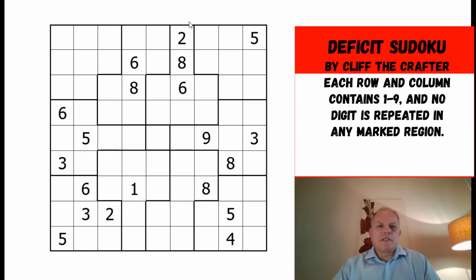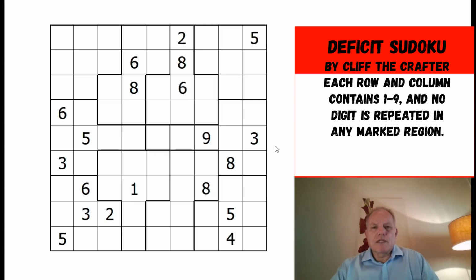What is helpful to notice is obviously this is a 9x9 grid, so the rows and columns must have each of 1, 2, 3, 4, 5, 6, 7, 8, 9, but the regions, let's call them regions, being 8 cells large, are missing one of the numbers from 1 to 9. They have the other 8, apart from this one, obviously, which only has 1. So there are 10 regions of 8, and 1 makes the 81 cells of a Sudoku.